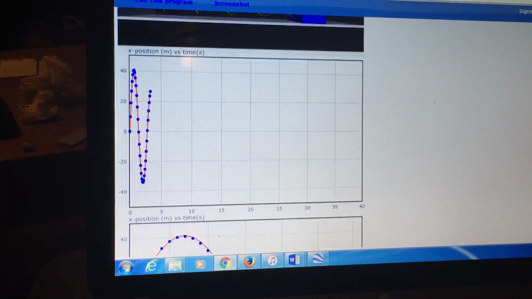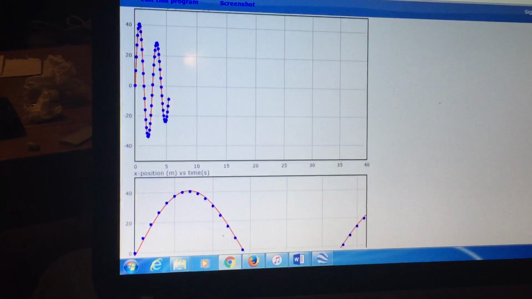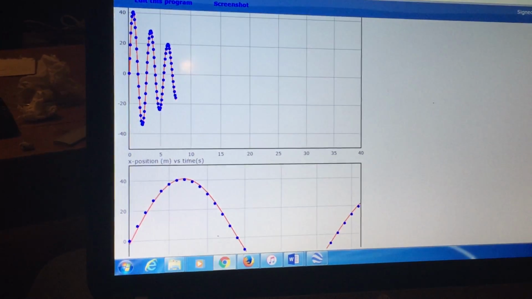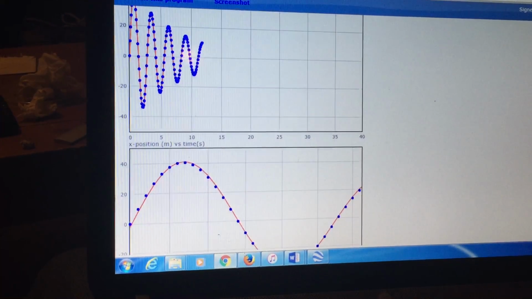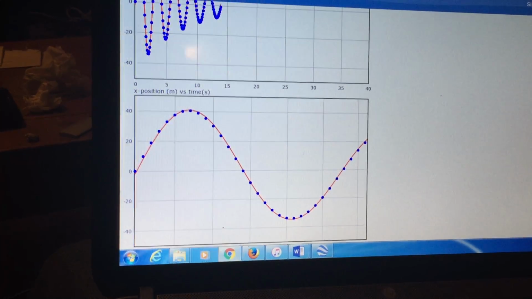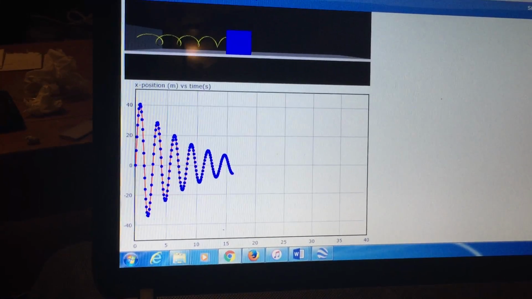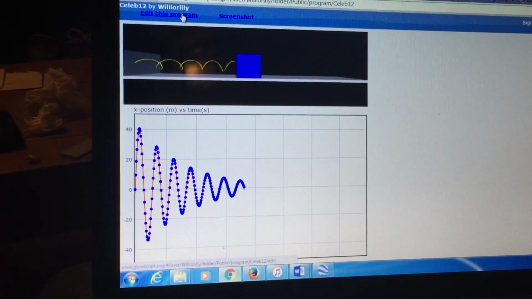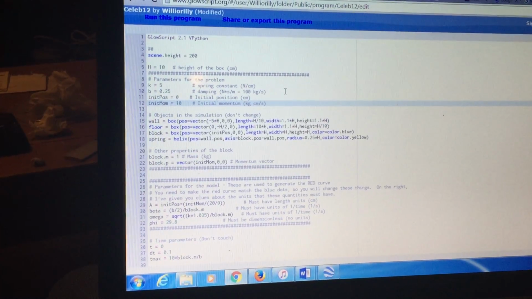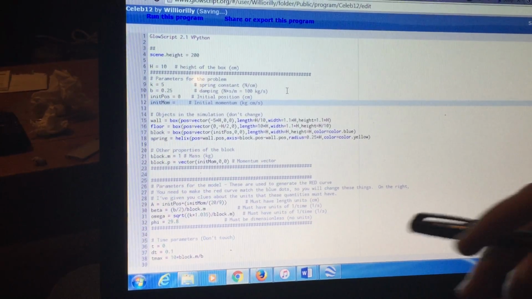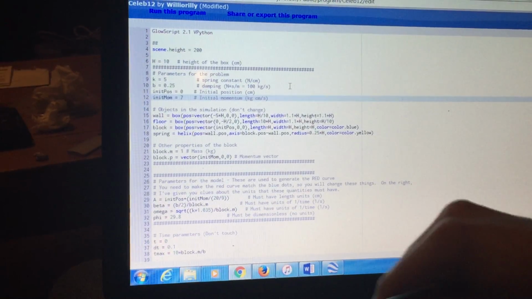And when we run the simulation, we have the overlapping graphs of both models. This model also works if we were to change the momentum to a different value.